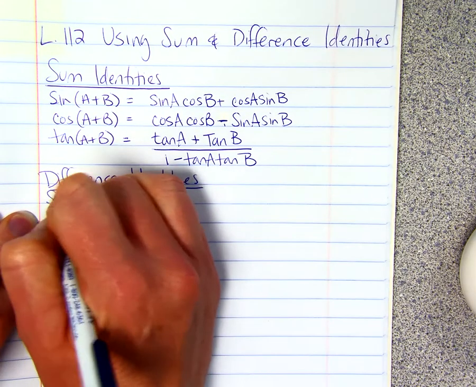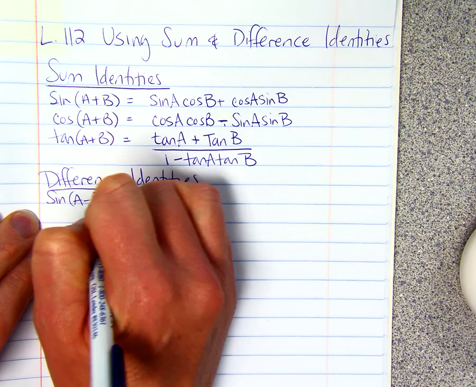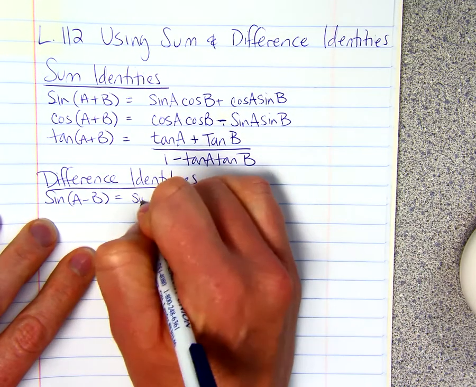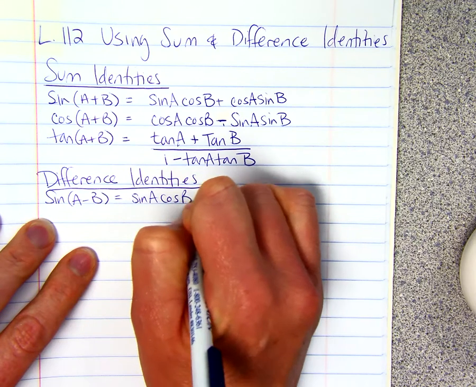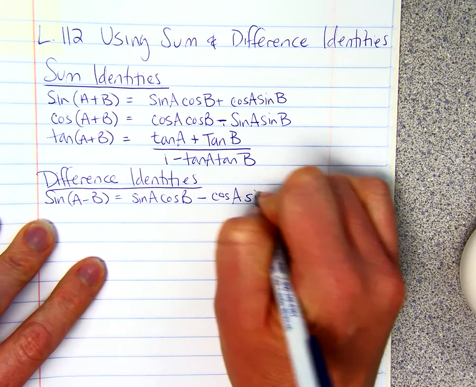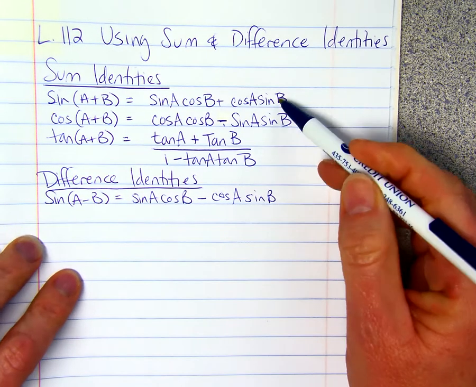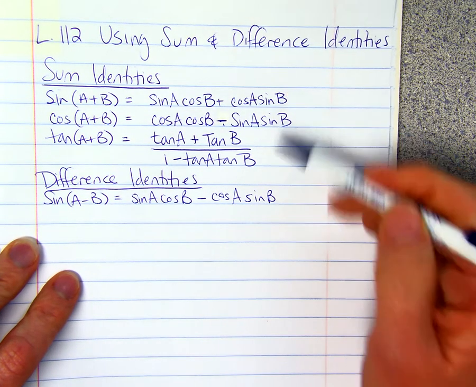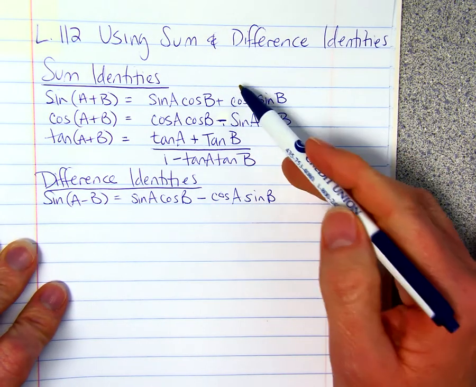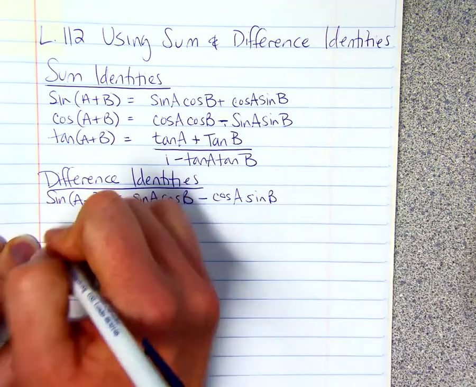So the sine of a minus b is equal to the sine of a times the cosine of b minus the cosine of a times the sine of b. Notice that the sine of a plus b and the sine of a minus b look the same except that one of them you add, the other one you subtract.